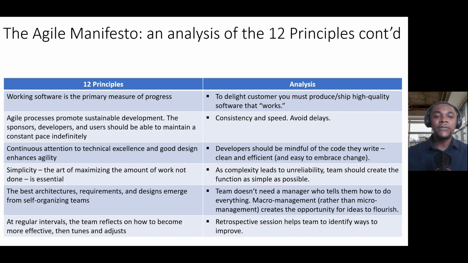The 11th one says the best architectures, requirements, and designs emerge from self-organizing teams. What defines an Agile or Scrum team is self-organization. What that means is these developers should be able to plan how they work on a project without anybody dictating to them. Even as a Scrum Master, as an Agile coach, there are times I step back and allow the developers to discuss.